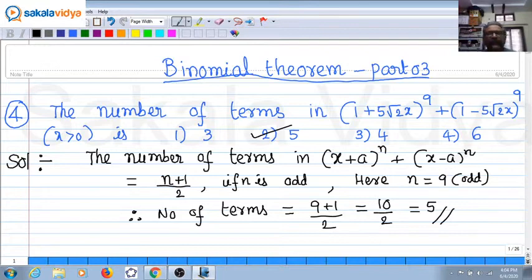Right, if n is even, I already discussed in the last session, if n is even, it is n by 2 plus 1, n by 2 plus 1, right.